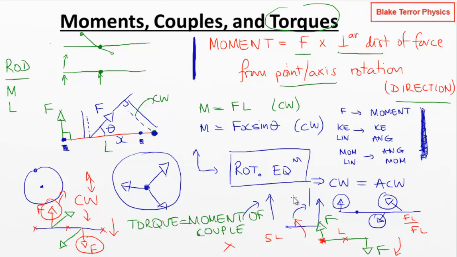You're just saying how much turning effect is being produced. So that's what's going on with a torque. Couples and torques are much easier to deal with, and this is why we spend most of our time looking at moments, because they're applicable in so many situations. You've got more moments than you have couples and torques.